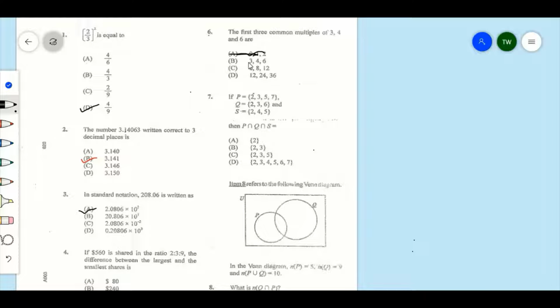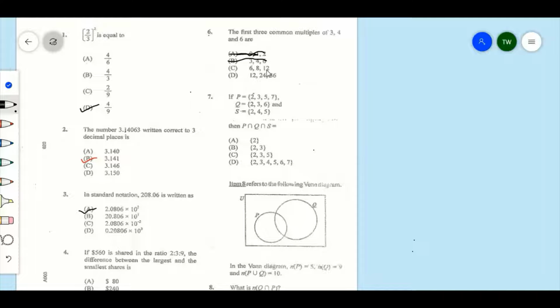So that means A cannot be the answer, right? Let's look at option B. We have 3, 6, and 4, right? So that means B cannot be the answer as well. Let's look at C. We have 6, 8, and 12. That cannot be the answer, right?